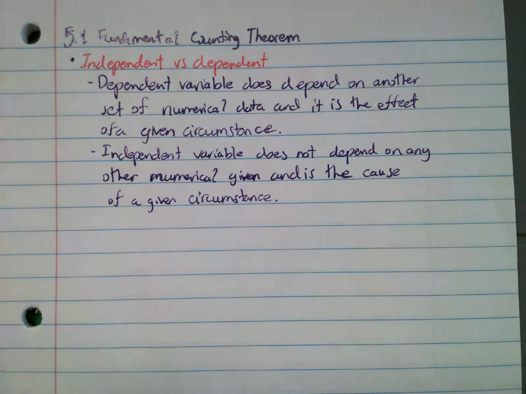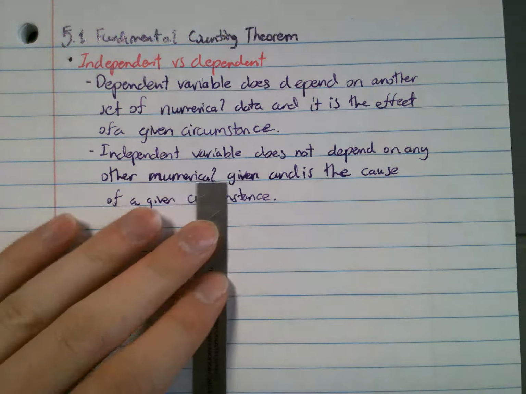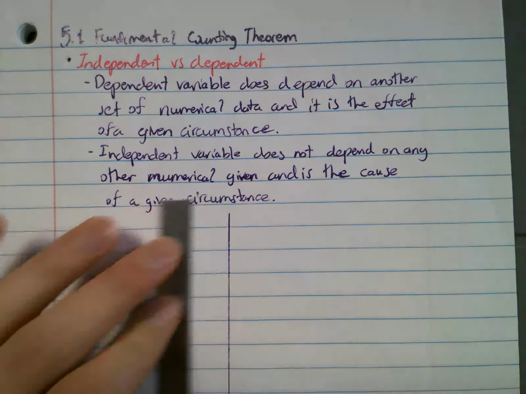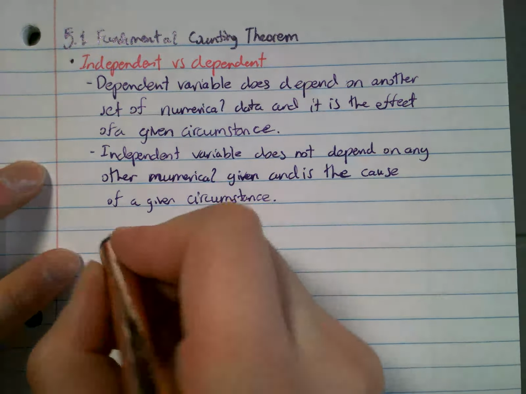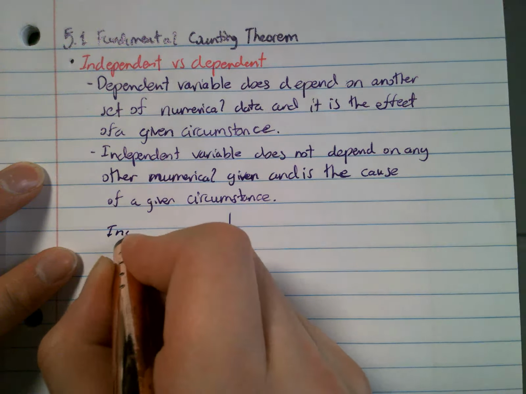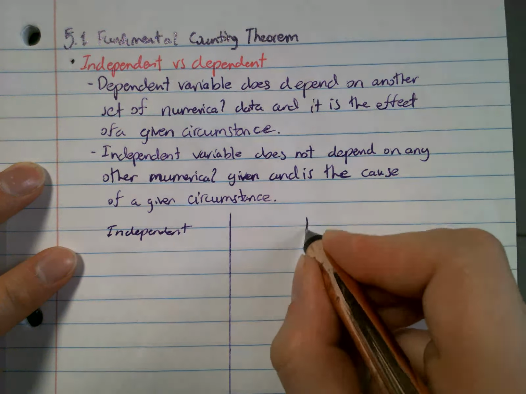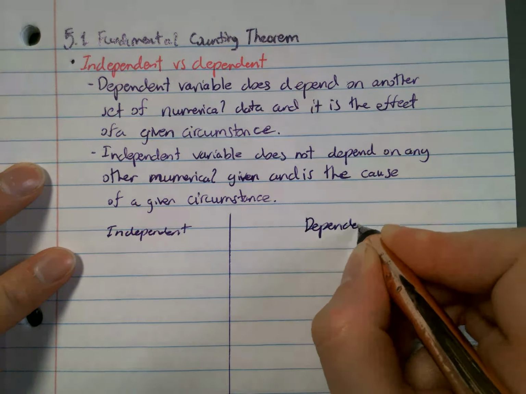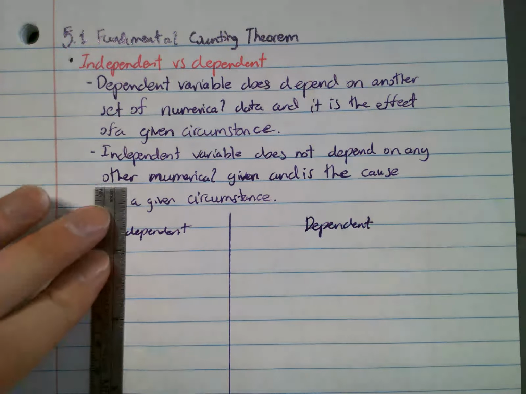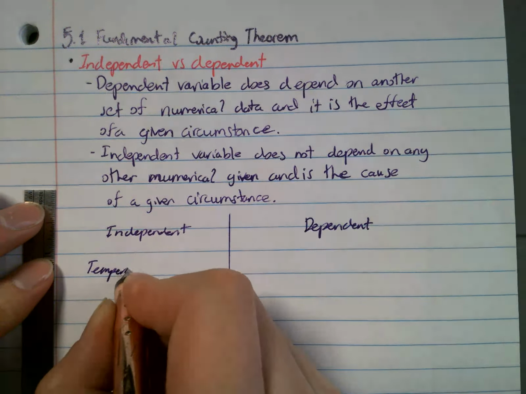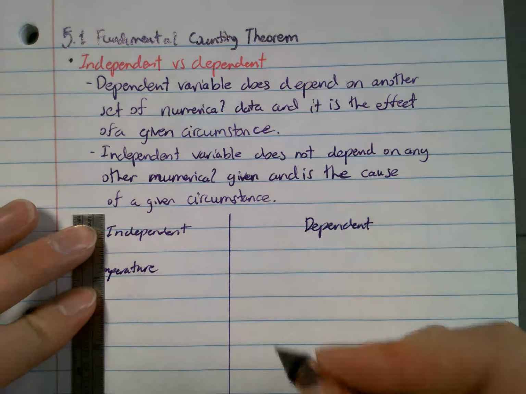Now, an example of that, just briefly, for an independent and a dependent. An independent example would be temperature.